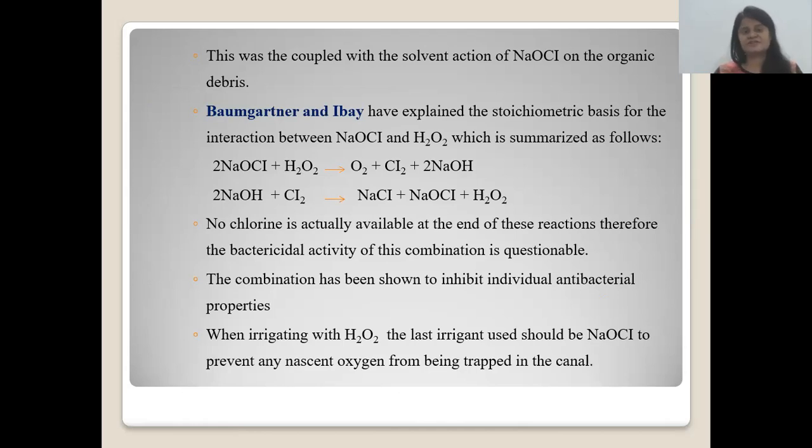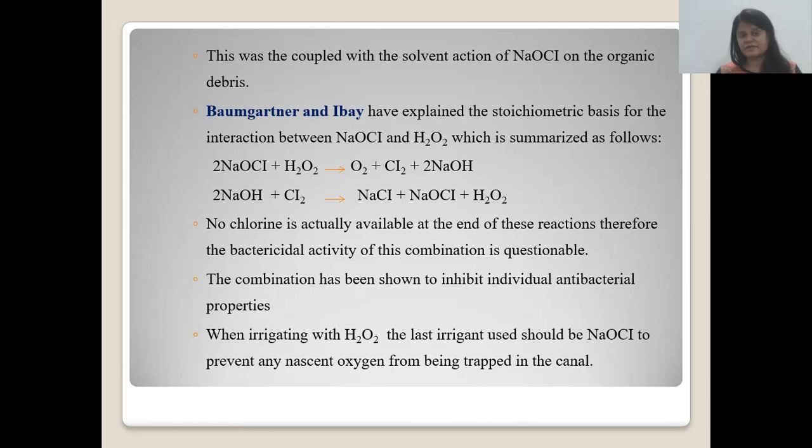So this reaction is interchanging, and there is no actual free chlorine available at the end of this reaction. So the bactericidal activity of these two materials combined is questionable. The combination has been shown to inhibit the antimicrobial properties, which are nullified by each other.